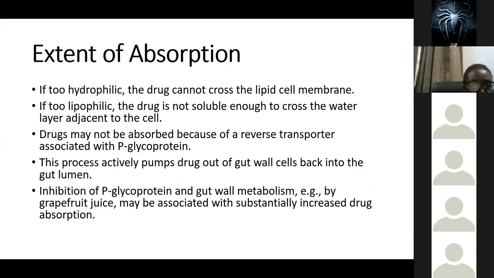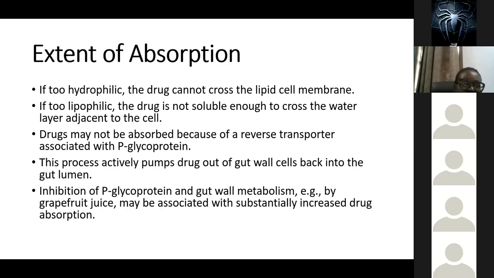If a medication is too lipophilic, it means that it is soluble in the plasma cell membrane, but it cannot cross the water layer adjacent to the cell to get into the systemic circulation. Also, sometimes you may have a reverse transporter in the gut known as P-glycoprotein. The P-glycoprotein actively pumps drug out of the gut wall cells back into the gut lumen.